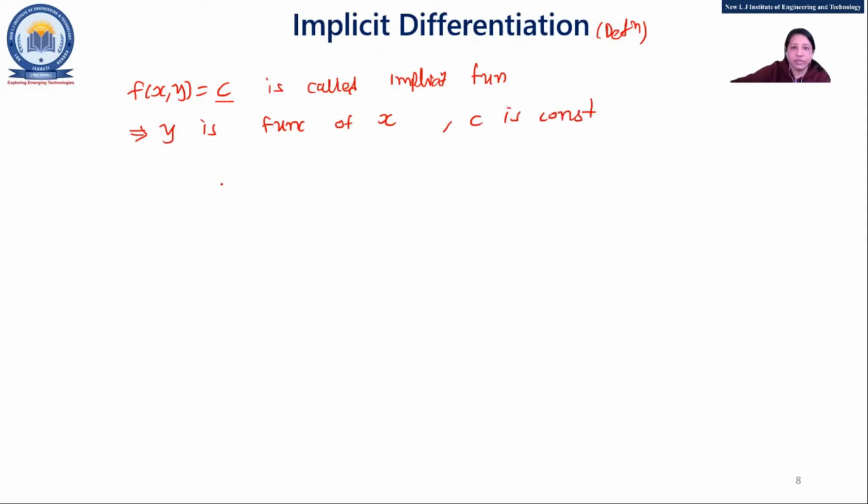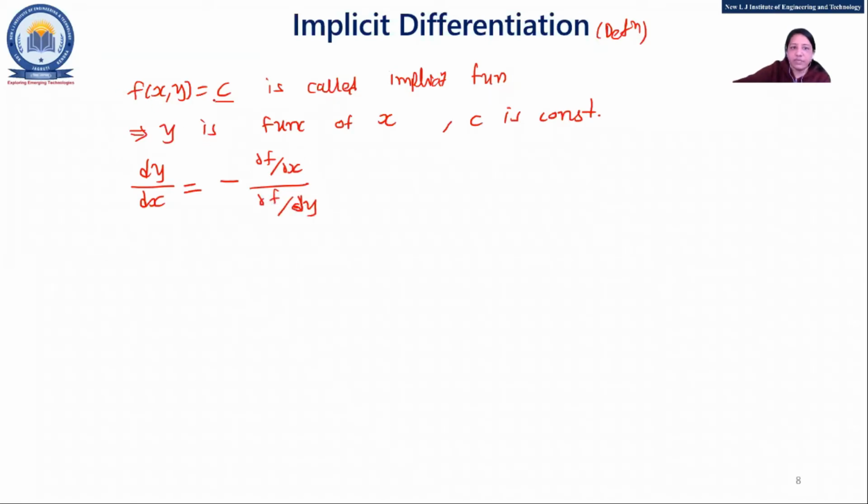Fine. So we can write dy by dx equal to, this is the definition, this is given, so you have to accept it, minus del f by del x upon del f by del y.